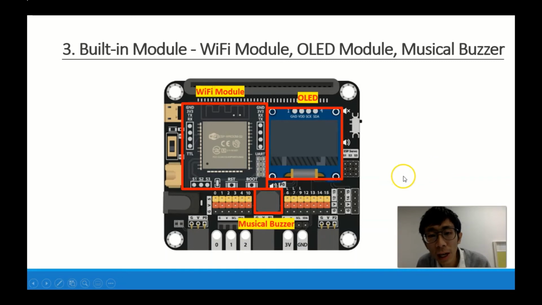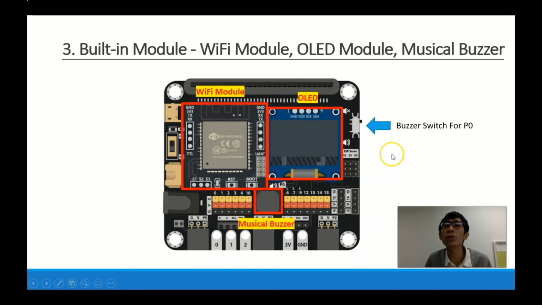So the musical buzzer, for the micro:bit, is connected to P0 by default. We cannot drive the musical buzzer with another pin. It is by default. We cannot control it. So there is a switch on the right hand side, and if you want to use P0 instead of the buzzer, then switch it off.